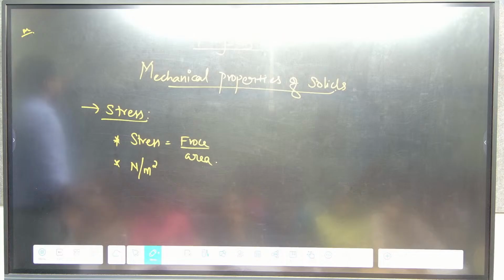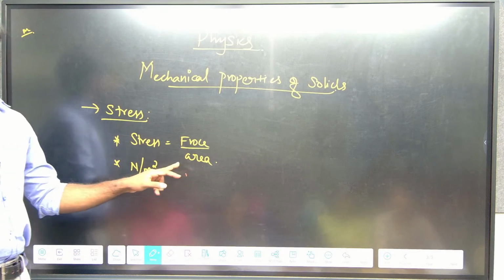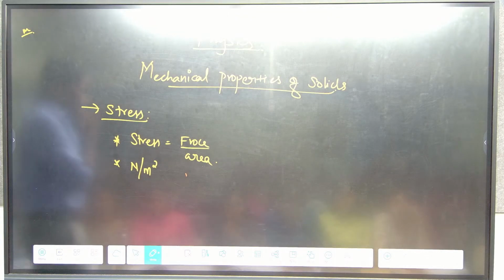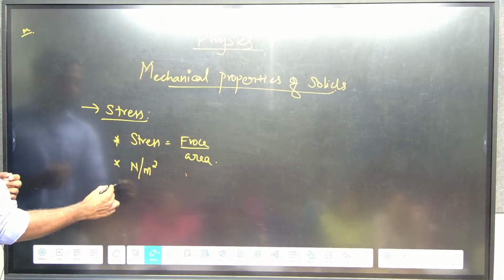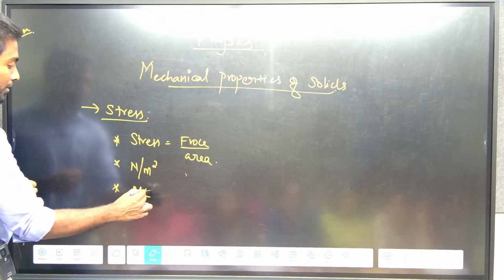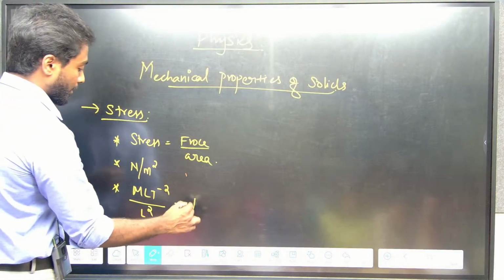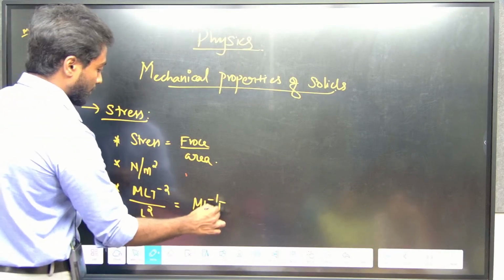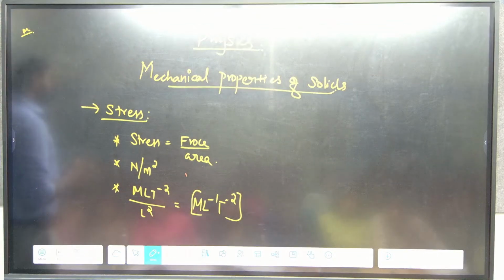Force is Newton and area is meter square. So, what is the dimensional formula? For Newton it is M L T power minus 2, divided by L square, which is nothing but M L power minus 1 T power minus 2. This is the dimensional formula for stress.